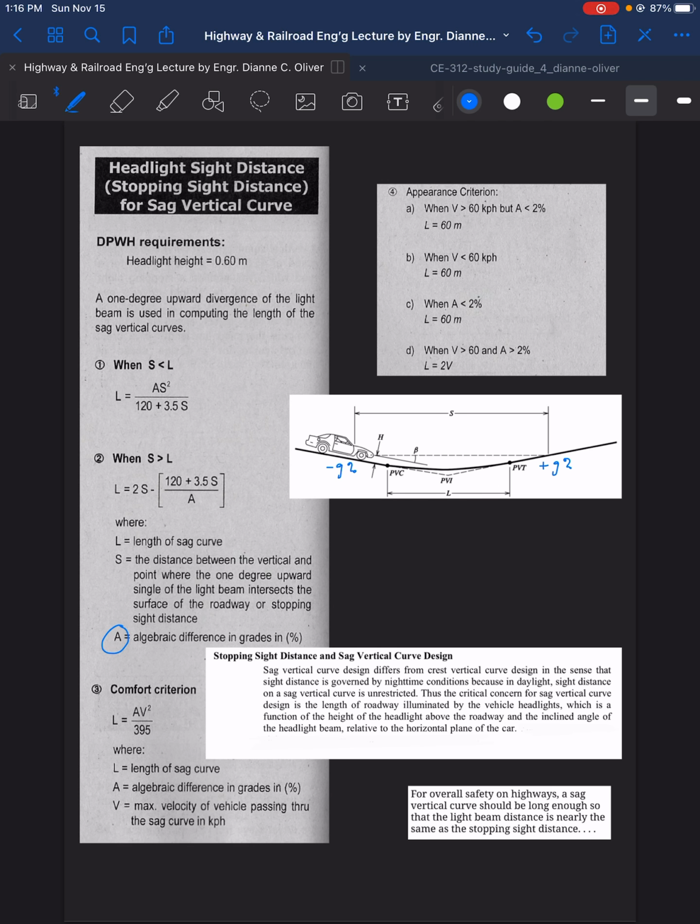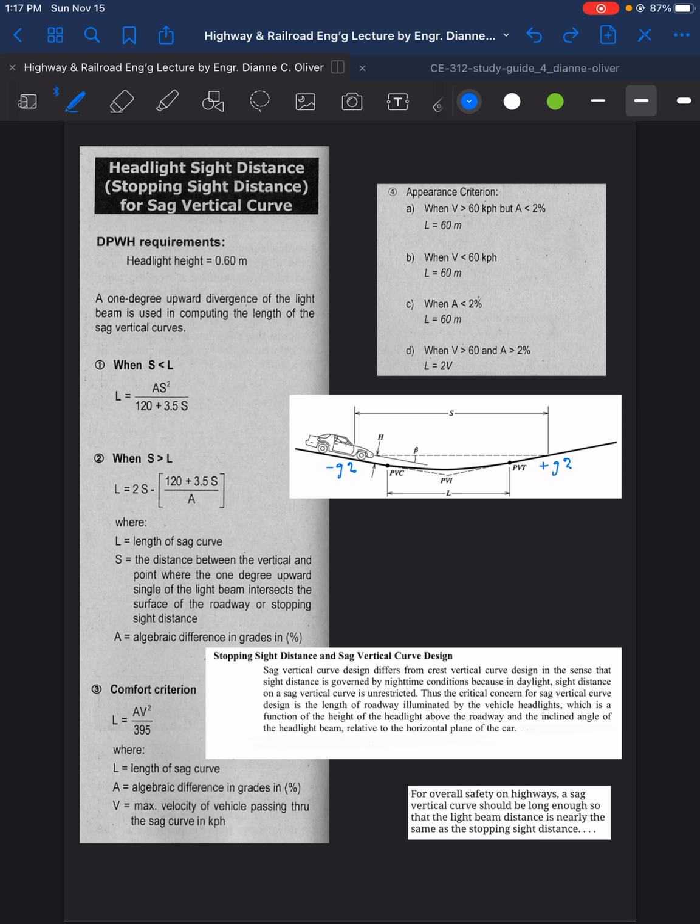Okay? Now for the comfort criterion, we have the length of the sag curve, the algebraic difference in grades in percent, and the maximum velocity of the vehicle passing through the sag curve in kph, or also the design speed, and this is the appearance criterion.